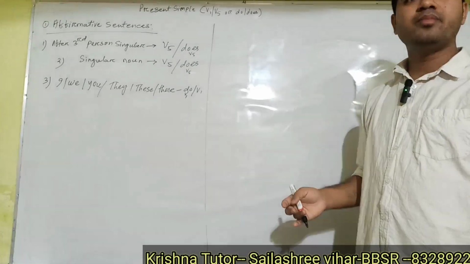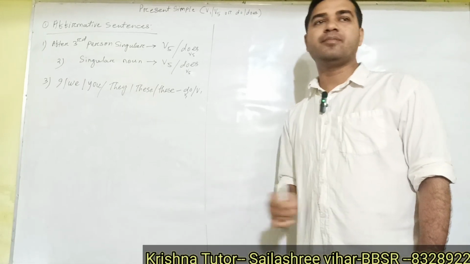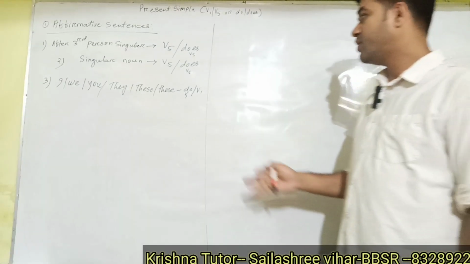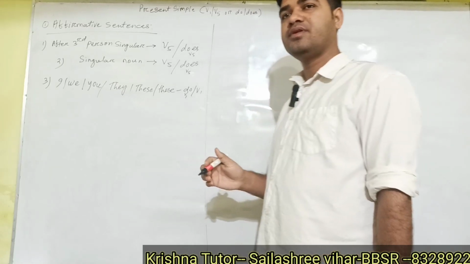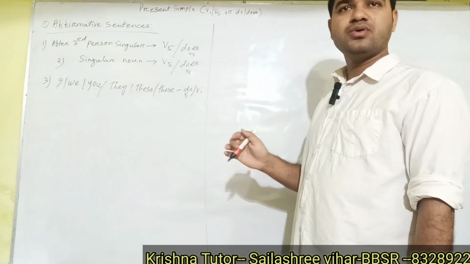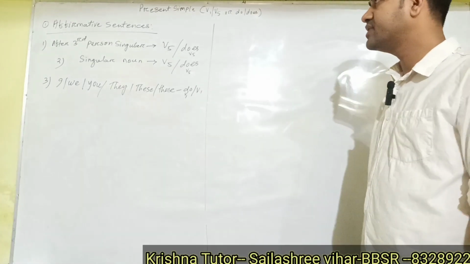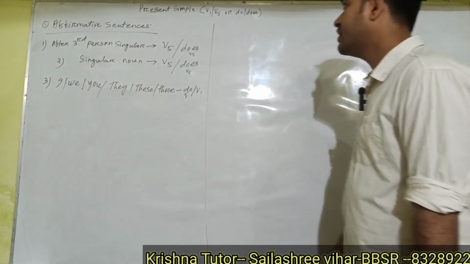Do is a helping verb, but it can act as both main verb and helping verb. The verb do can act as both main verb as well as helping verb. So today we'll do translation by using this kind of verbs, and this is the present simple tense.